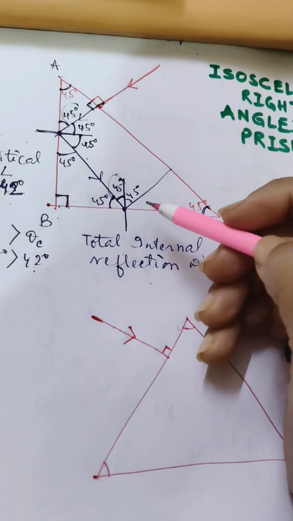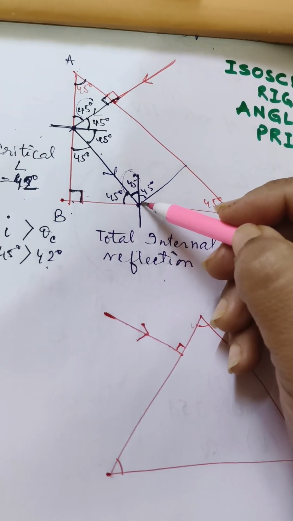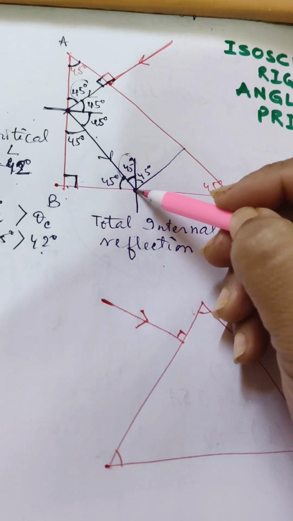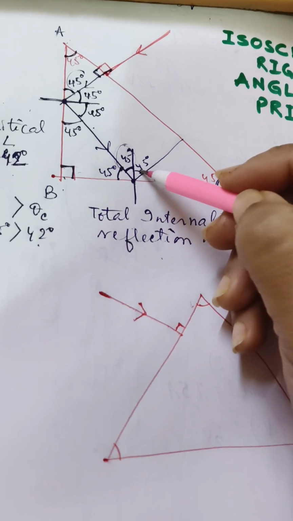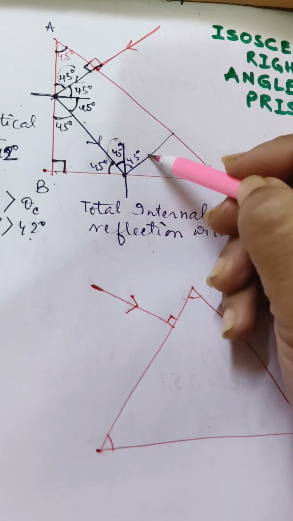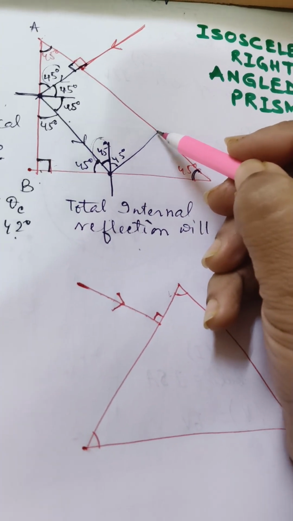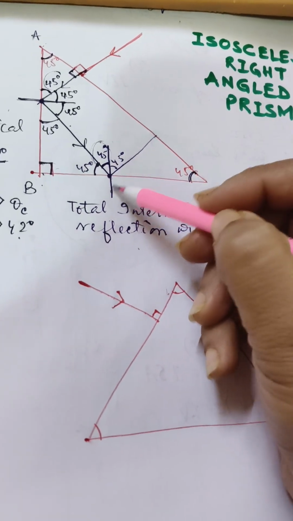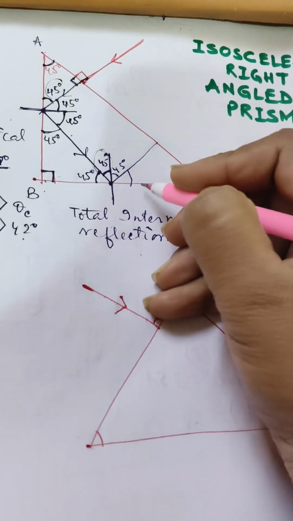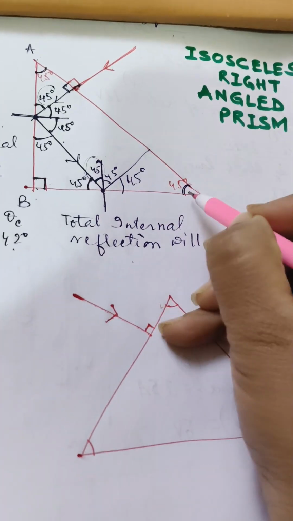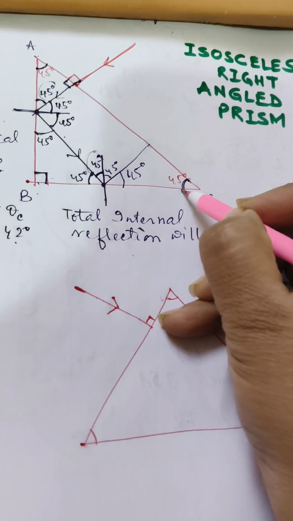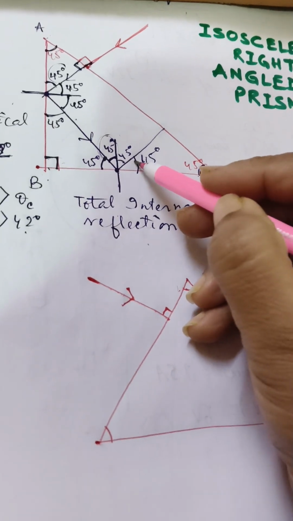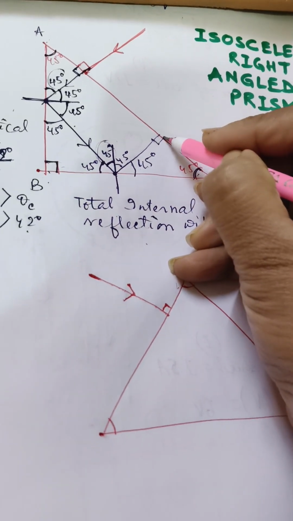So the angle of reflection here after the total internal reflection occurs at this point is 45 degree obviously, and the ray of light comes here. So let us see what kind of incidence it is here. This is the normal. This is 45 degree again. And this is 45 degree because you took an isosceles right angled prism. So if this is 45 degree, this has to be 90 degree.